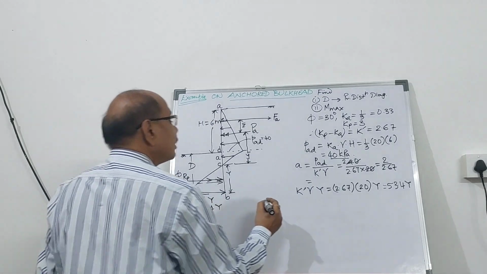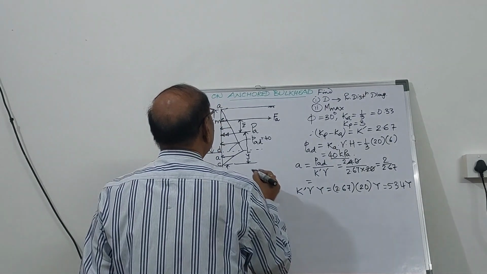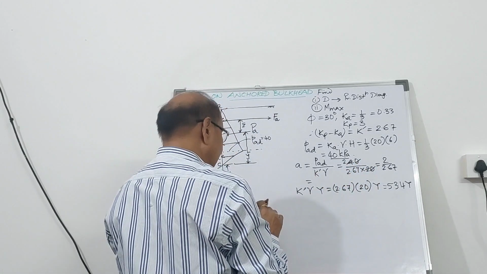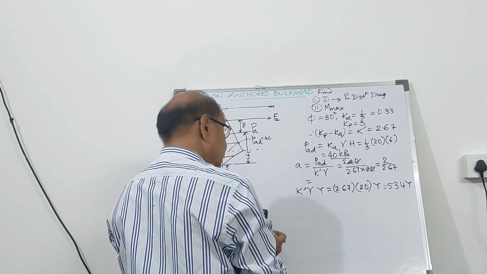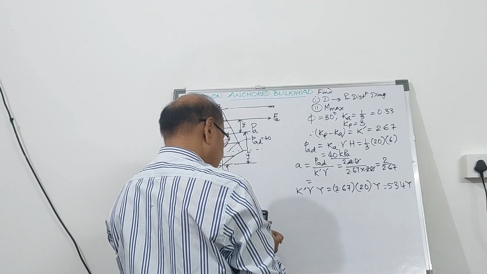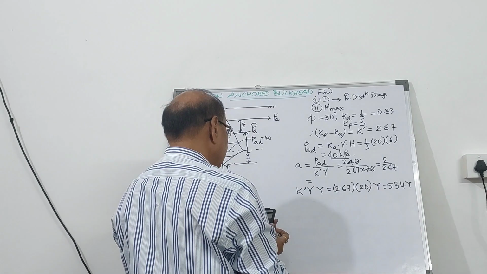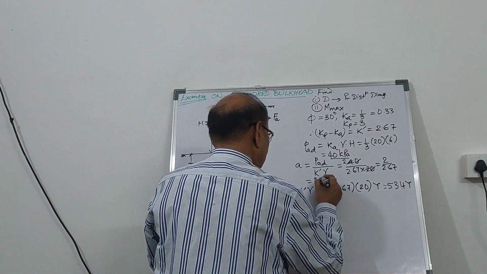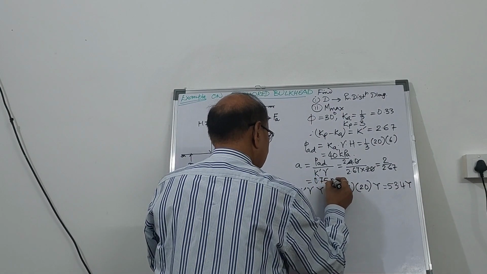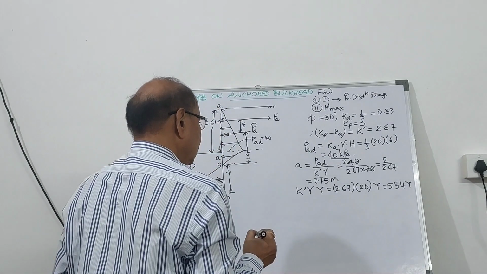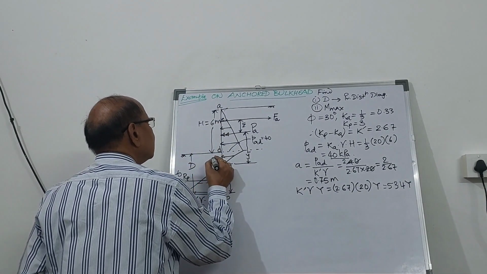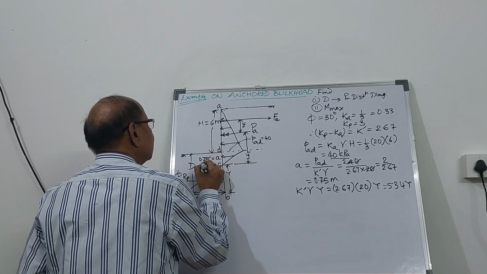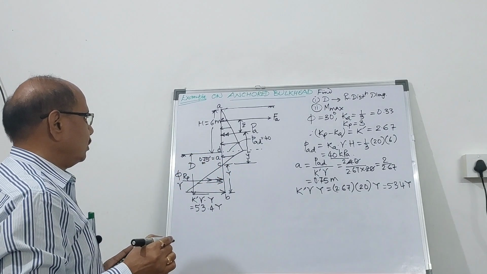So therefore, we can compute A also. A is 2 divided by 2.67. So 0.749 or approximately 0.75 meter. So this is 0.75 meter. This is also known.